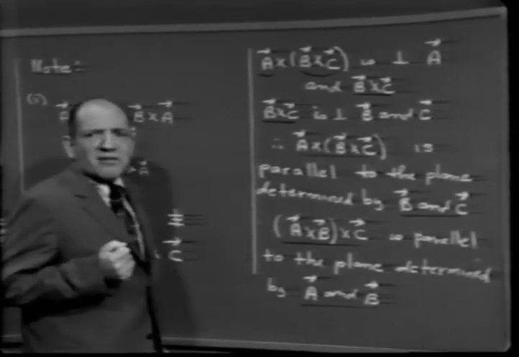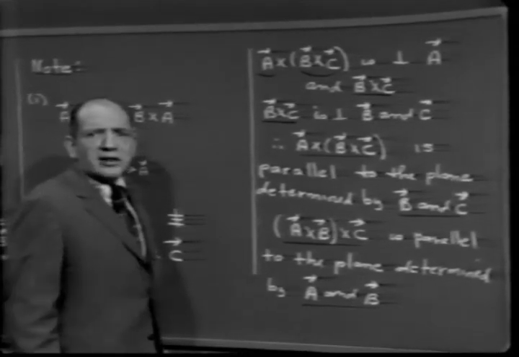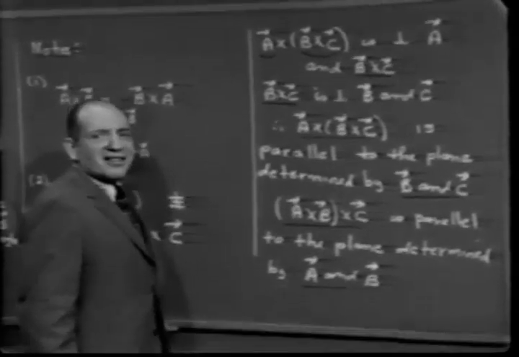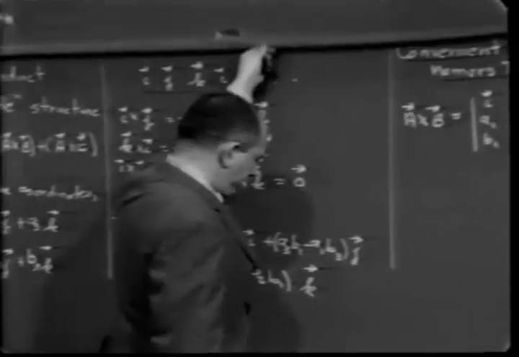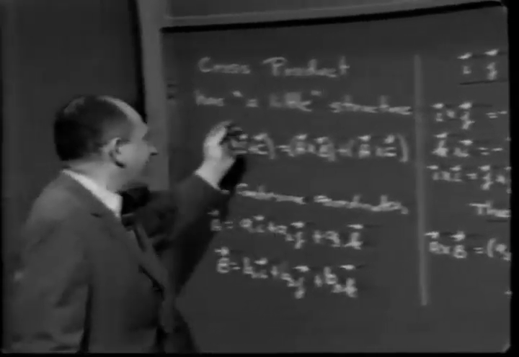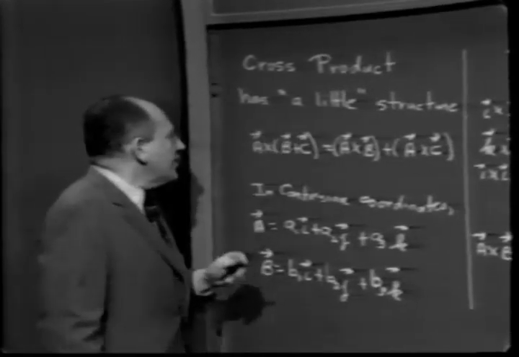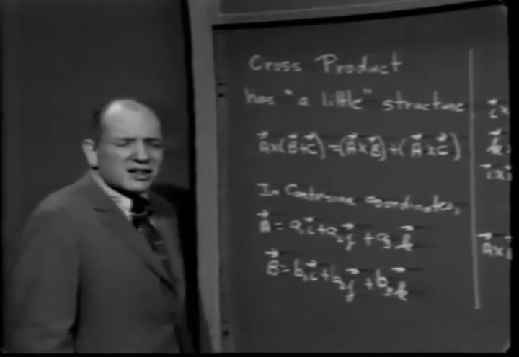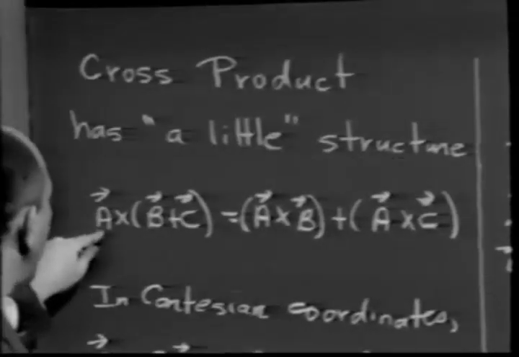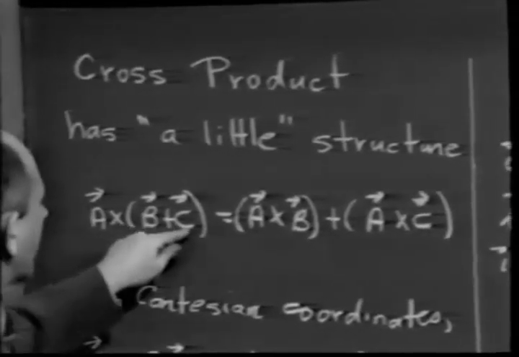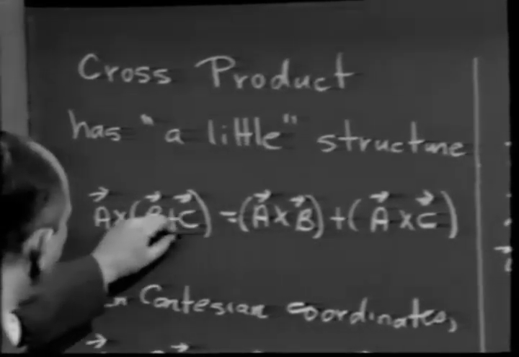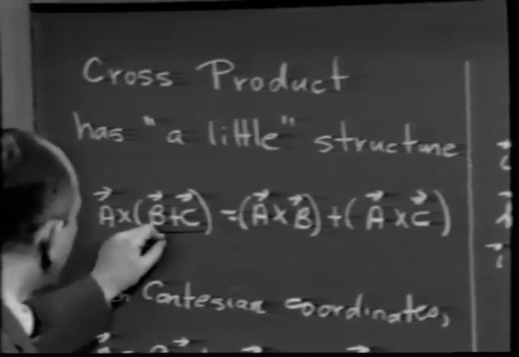Before I start blasting the cross product too much, let me point out that certain properties that we like in numerical arithmetic are present in the cross product. For example, there's a little structure. The distributive property holds for the cross product. In other words, if the vector A is crossed with the sum of the two vectors B and C, and by the way, notice, if B and C are vectors, B plus C is a vector.